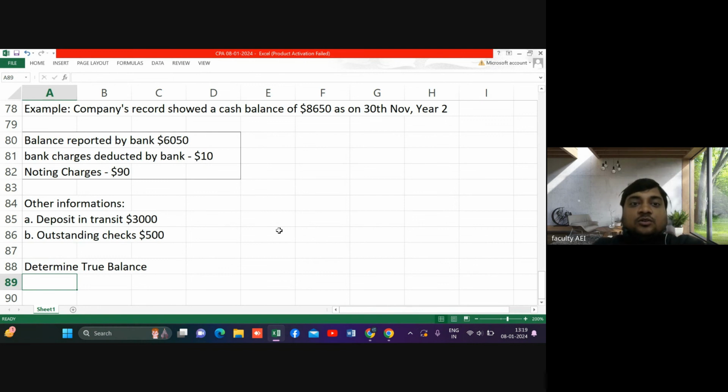Right. So I told you that we'll be starting with depositor record cash balance, and we'll be adjusting items which are not recorded in cash books. Deposit in transit and outstanding checks, these two are recorded.